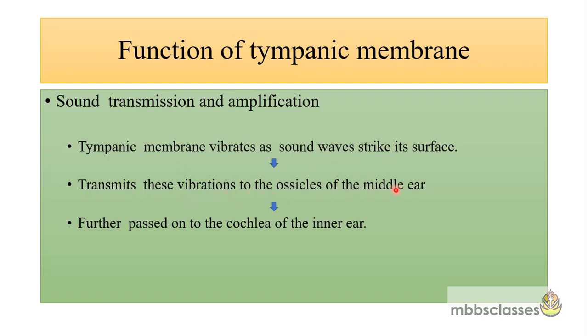The ossicles of the middle ear are the malleus, which is attached immediately to the tympanic membrane, the incus and the stapes. So from the malleus to the incus and then from the incus to the stapes, the sound wave is passed on to the cochlea of the inner ear.